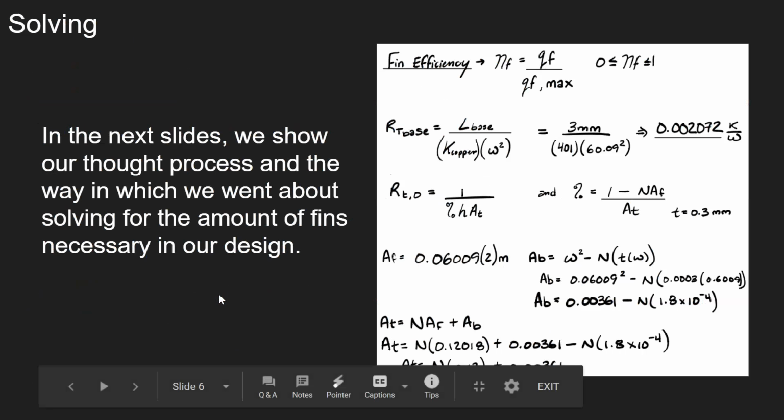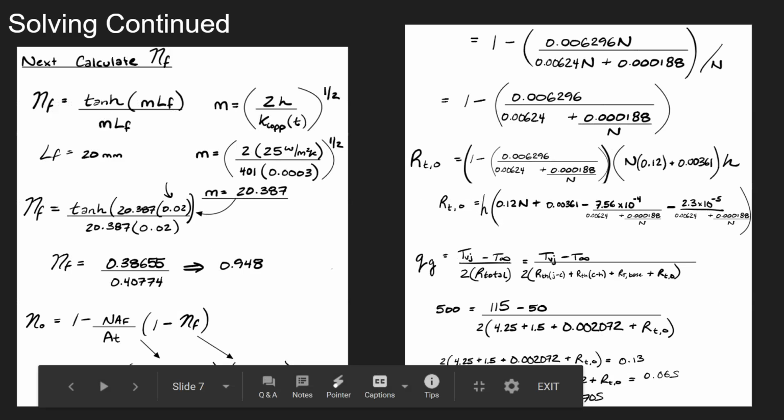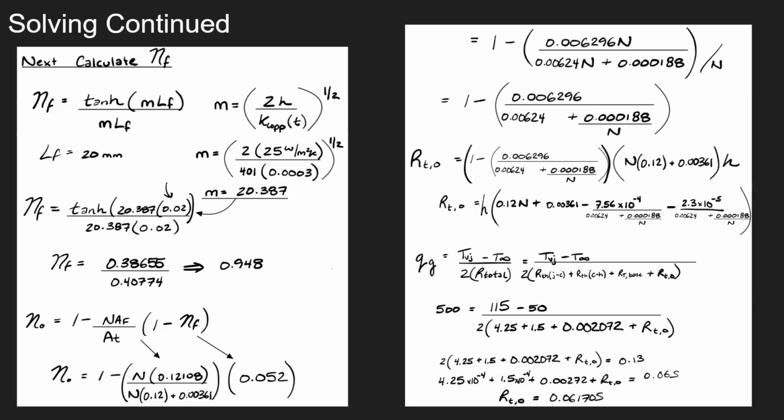When creating our design, we chose predetermined values for the characteristics of the fins. This allowed us to focus on solving for the number of fins required to ensure that the system functioned properly under the max operating temperature. We first solved for as many resistances as we could to use later in the solving process. Next, we decided to calculate for NF so that we could use that value in our equation to solve for N naught.